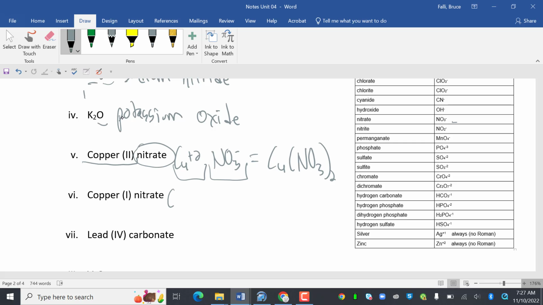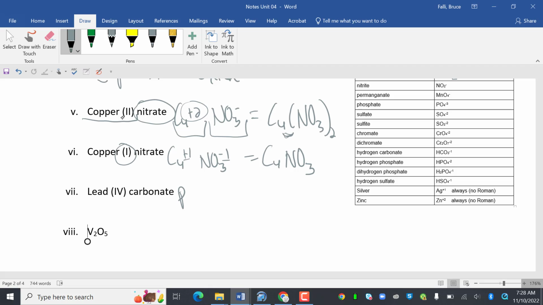Copper 1 nitrate, pretty similar. Copper plus 1, nitrate minus 1. Notice how my charges equal each other. So just put them next to each other. CuNO3. Notice how I'm not going to show the 1 on the copper there.